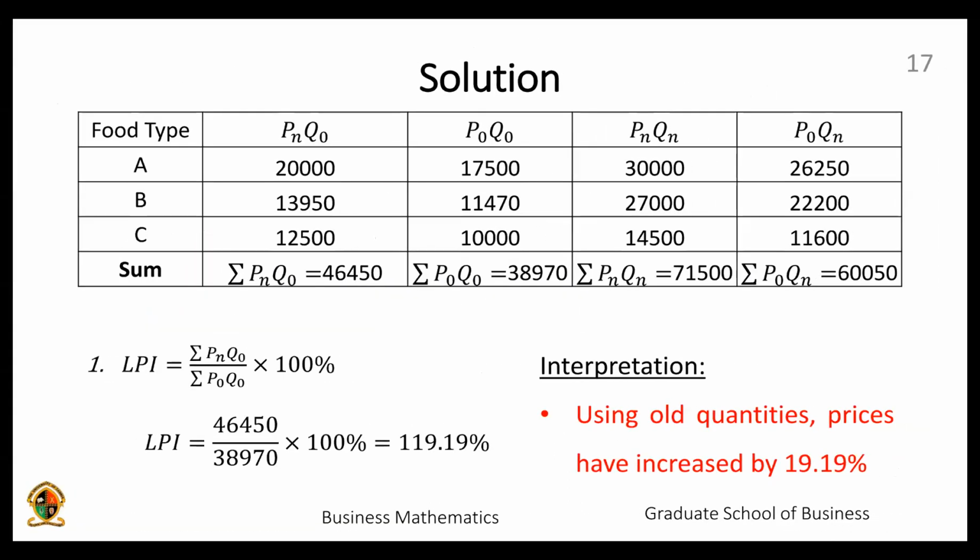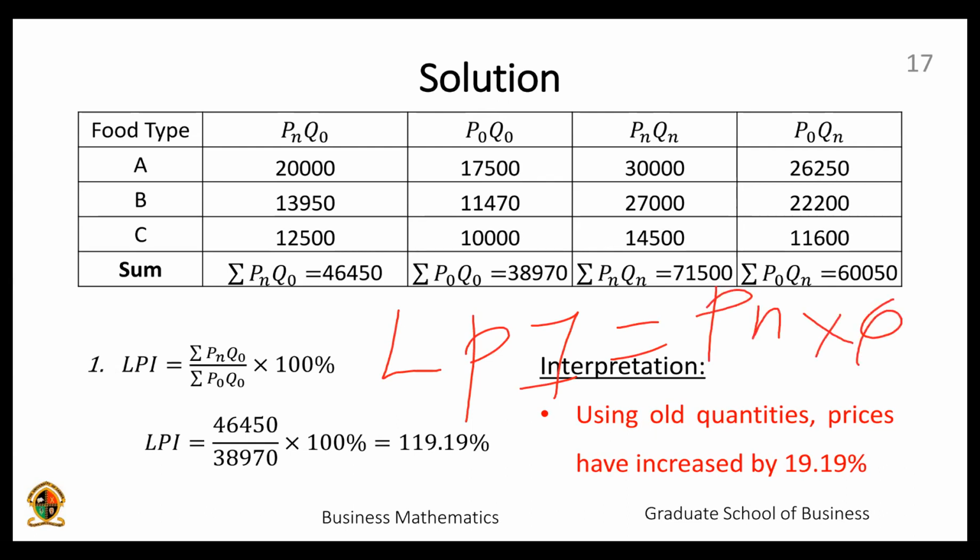First of all, you need to come up with the columns for those parameters. We know the formulas. For example, last year's price index is given as Pn times Q naught over P naught times Q naught. Let me use the blue marker to clarify.